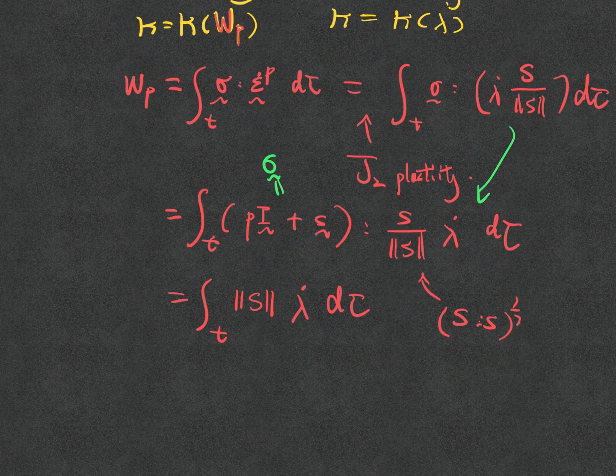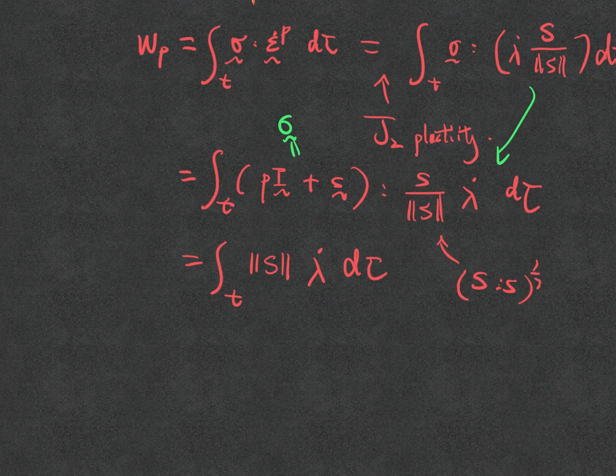Now then, I hope you will remember, or you would immediately see, what is lambda. Lambda would be equal to, of course, the integral of lambda dot, which would be equal to the norm of epsilon p dot.